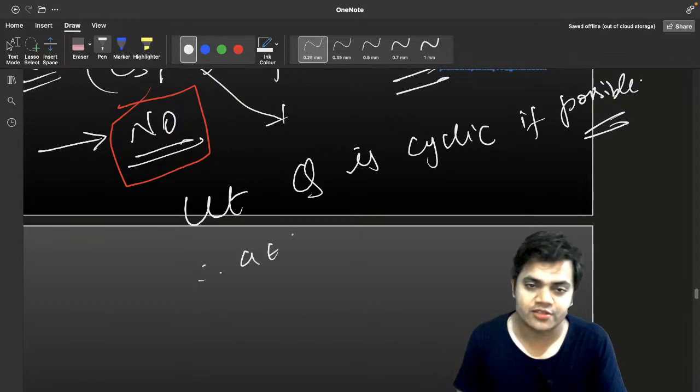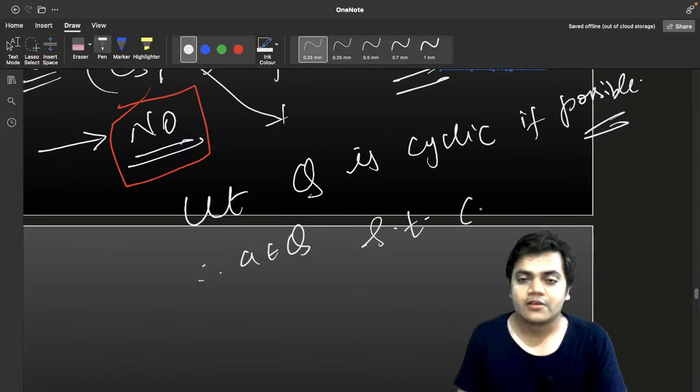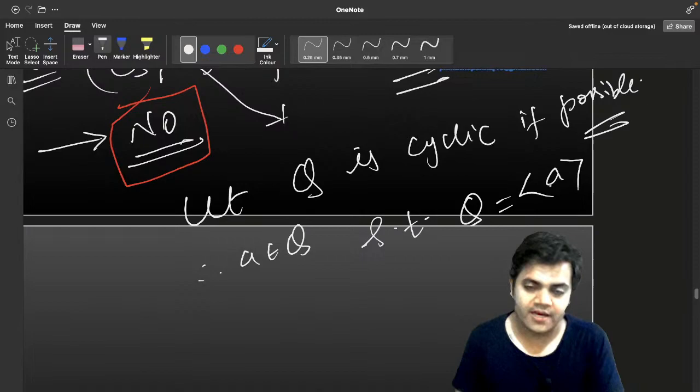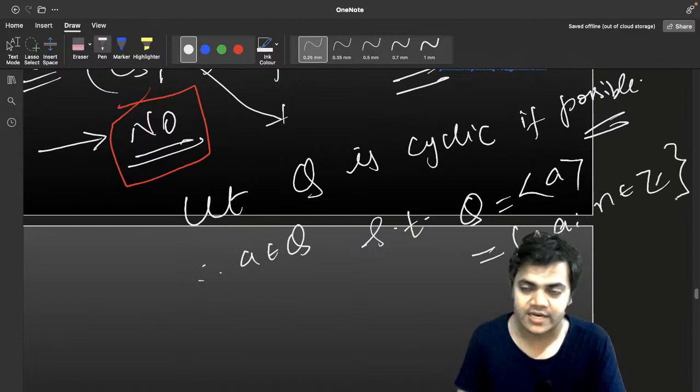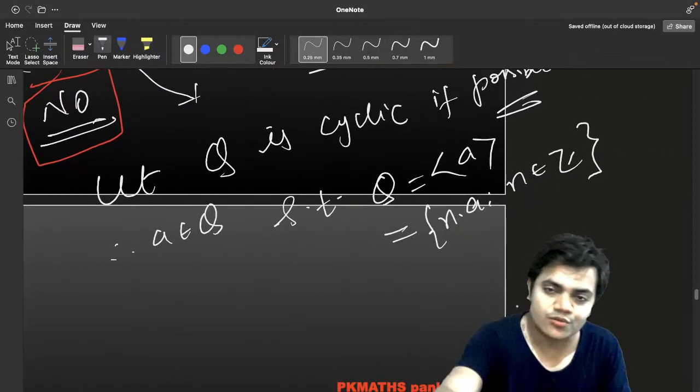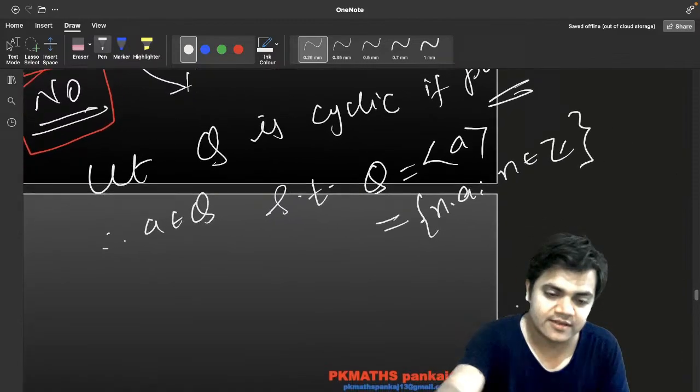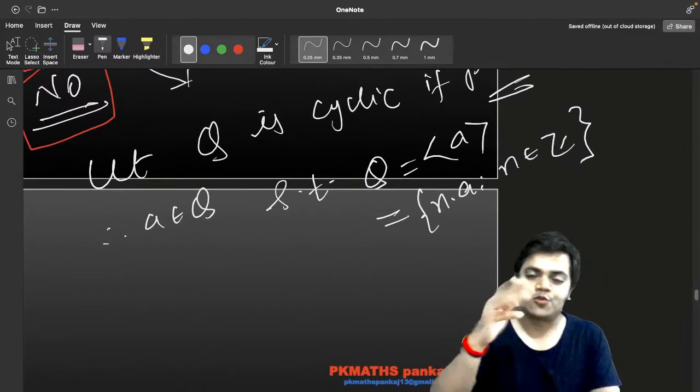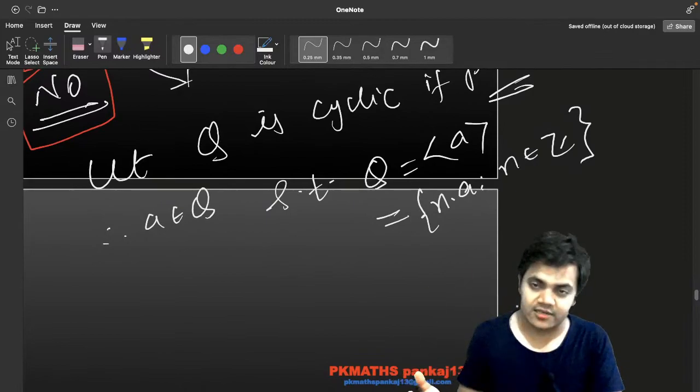Because we have taken this as cyclic, certainly there must exist an element A such that Q is generated by A. What do you mean by Q being generated by A? It means every element of Q can be written as an integral multiple of A, so n times A such that n belongs to Z. But we will get a contradiction, because we are going to prove that Q with respect to addition is not cyclic.